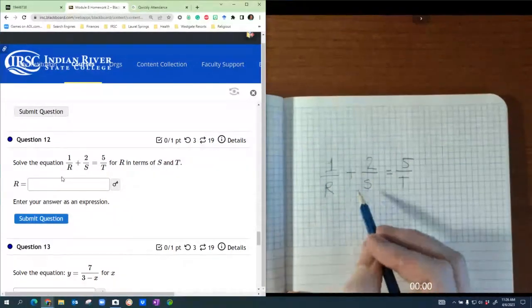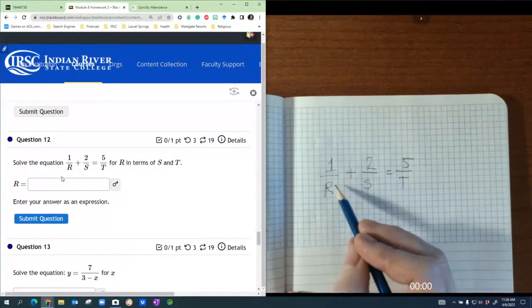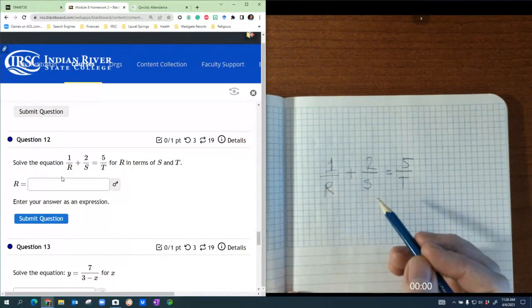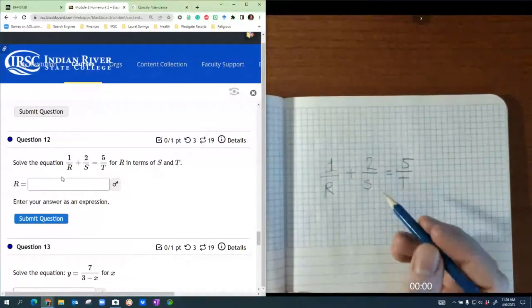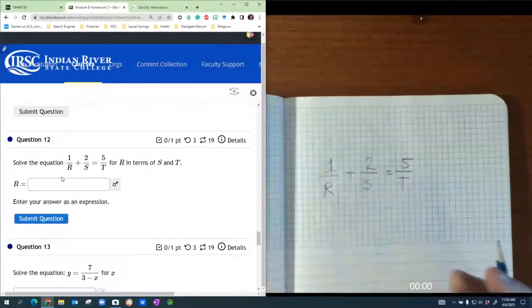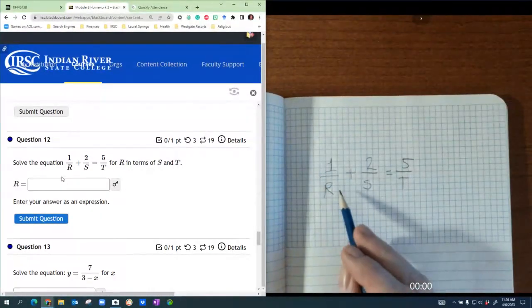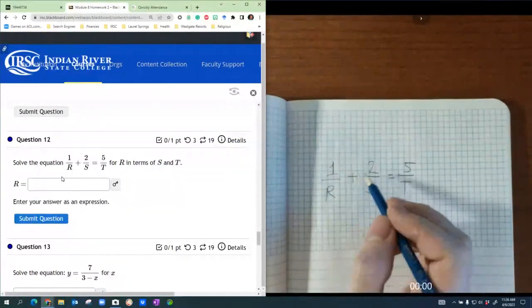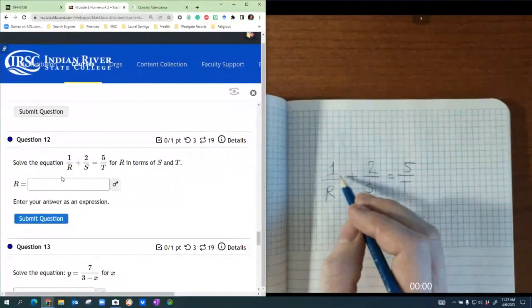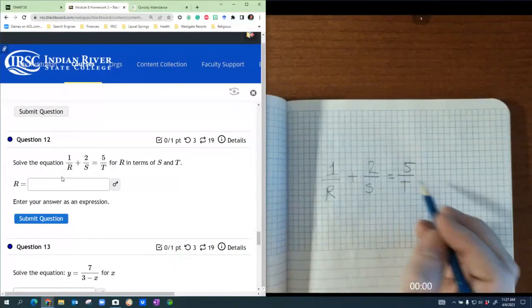So when we're talking about getting R by itself, okay, I need to go ahead and get R out of the denominator, okay? So what I have to do is multiply. Well, if I go ahead and multiply everything by RST, I'll go ahead and get this to have no more fractions.